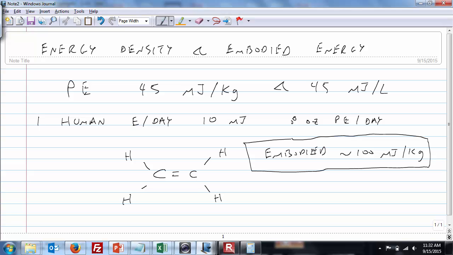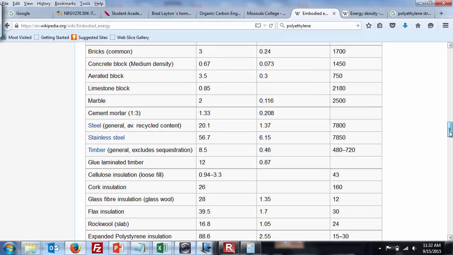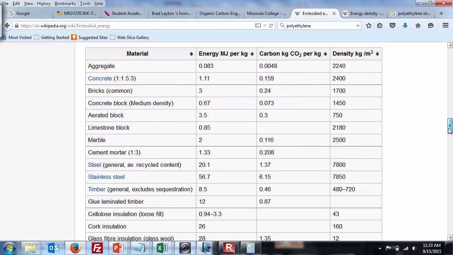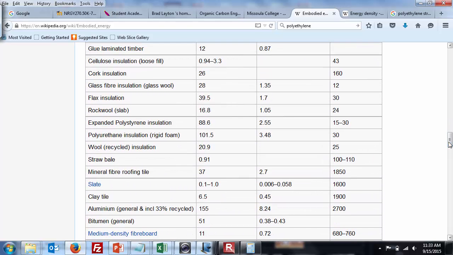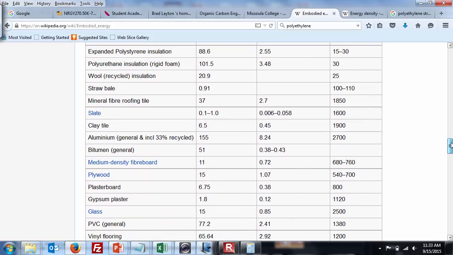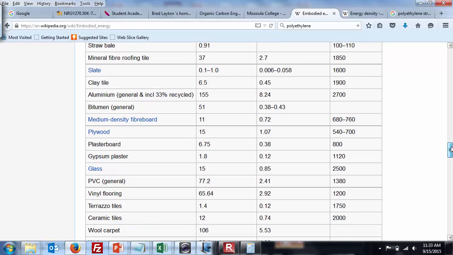So it's in industry's best interest to minimize that. And if you look up at some of these others, aluminum is quite high. So in general, if you can get away with using a plastic with a lower embodied energy than an aluminum, it's going to save you money on the front end. Okay.